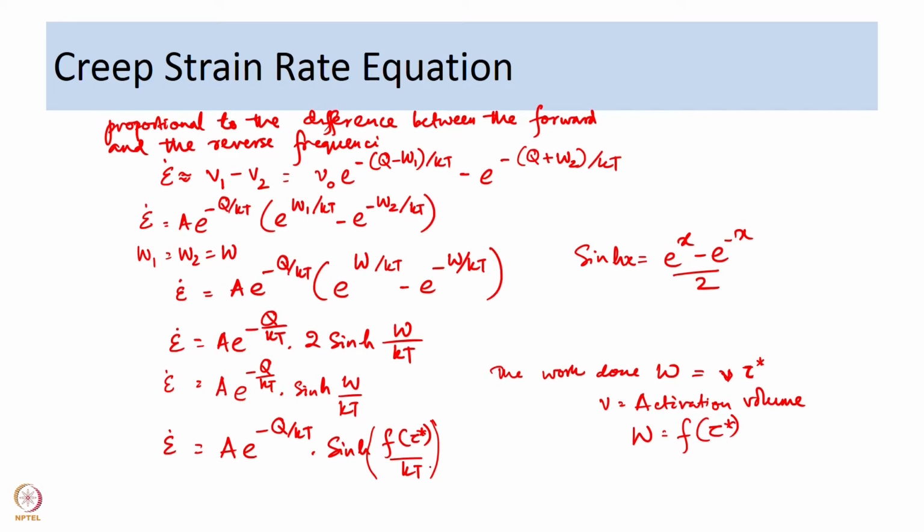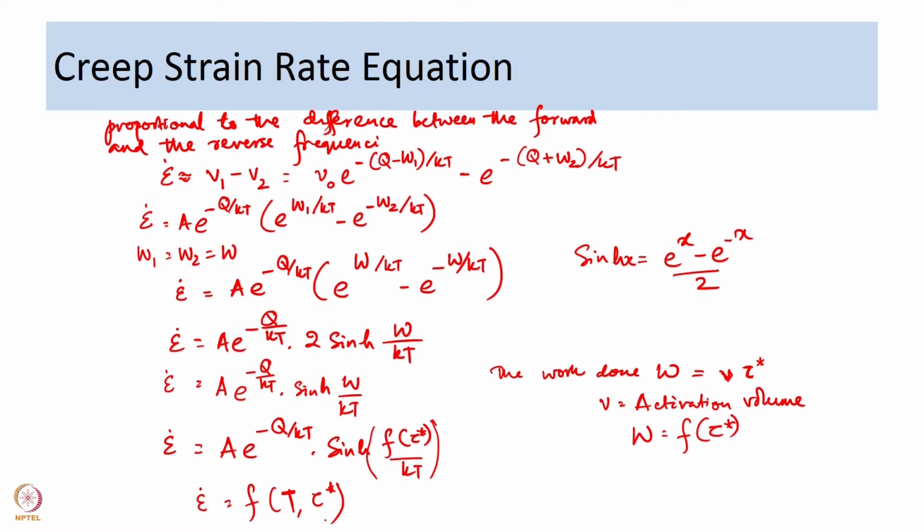So, what we have arrived at is a relation between the strain rate of deformation, which is a function of temperature T as well as the applied stress tau. This is a very important equation that we have arrived at, and we are going to come back to this equation in a slightly different form.